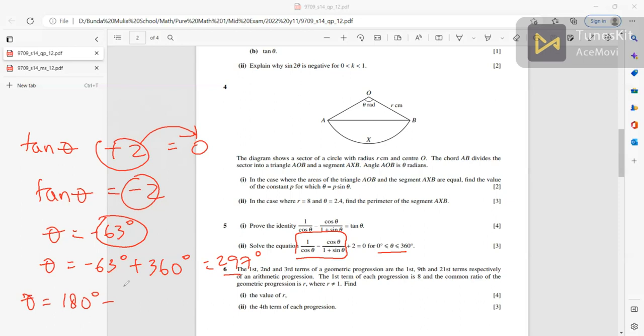So I just use the value 63 degree. So 180 minus 63 degree, 117 degree. So the answer of the number 5, the second one, it is 297 degree and 117 degree. That's for number 5.